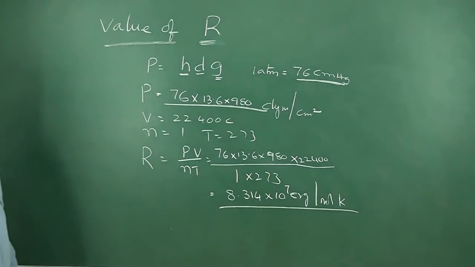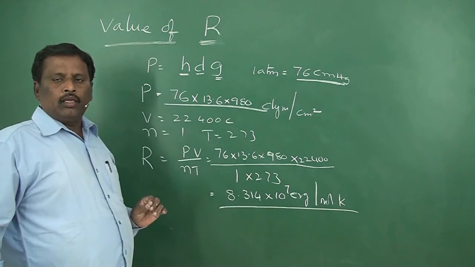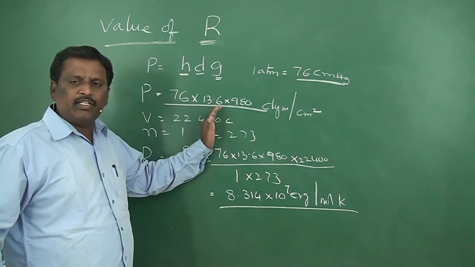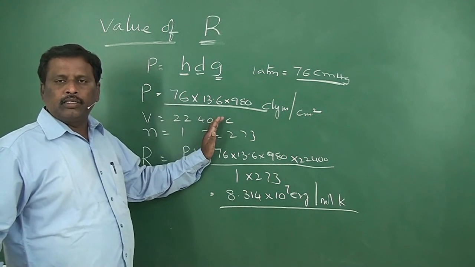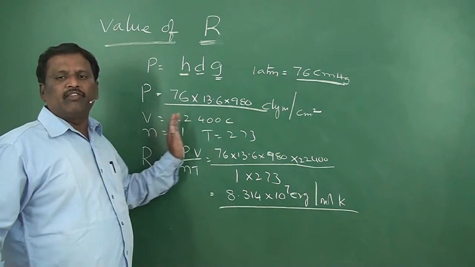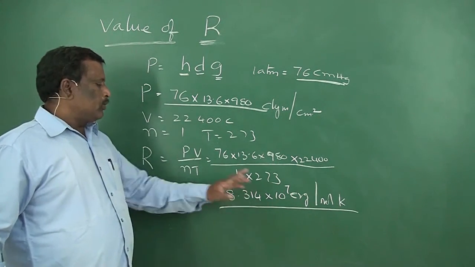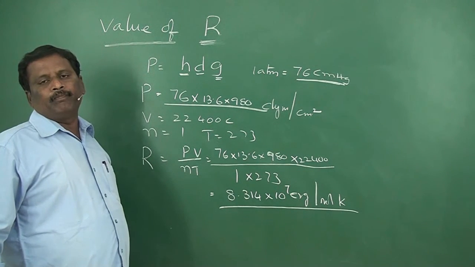This is the R value in ergs per mole K when pressure is expressed in dynes per square centimeter, volume in cubic centimeters, and temperature in Kelvin scale. Then the R value will be 8.314 into 10 to the power 7 ergs per mole Kelvin.